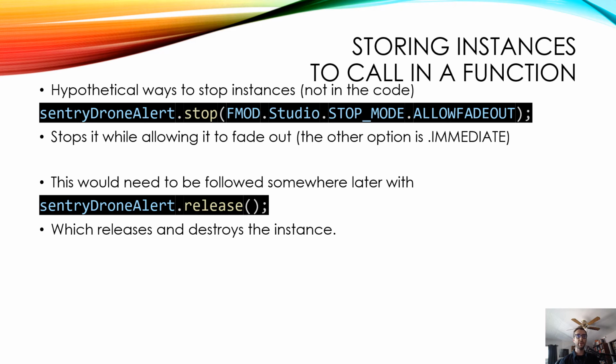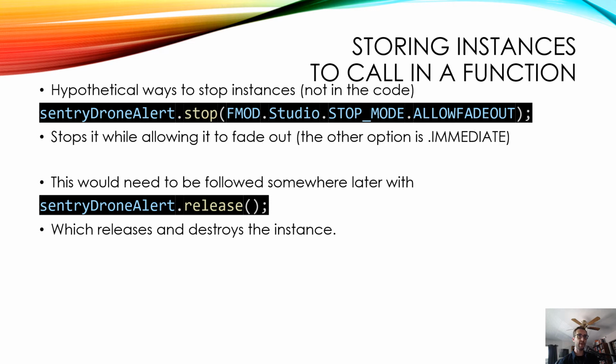Now that starts it, but it doesn't stop it. So to stop it, we need to do something somewhere else, usually in, say, the destroy function. We would have that same variable name, and then we're going to send the stop message to it.